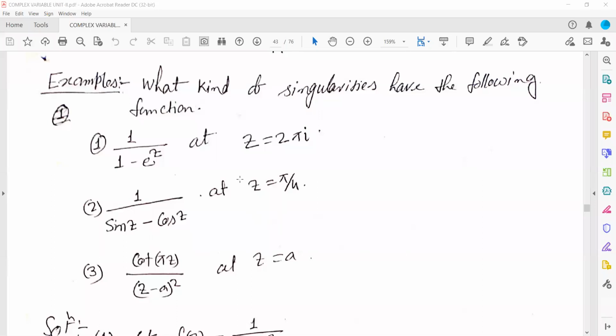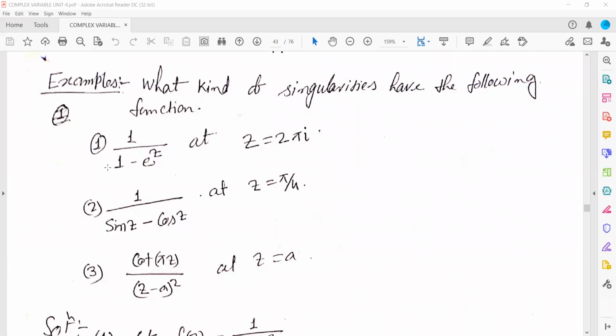But if in your exam a question comes, what kind of singularity of this function, and the point is not given, then first you need to find the singularity point, and then check at that singularity point.